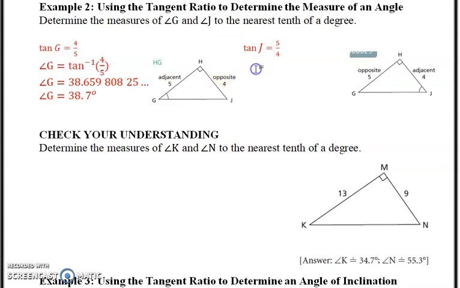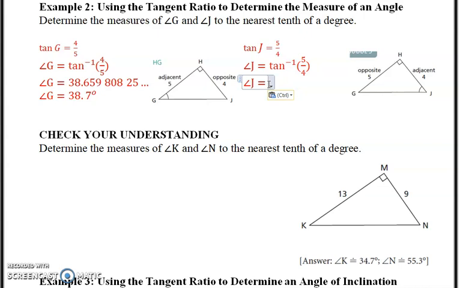Let's do this again, just to help us. So angle J is equal to, remember, the inverse tan of 5/4. And you're going to calculate that on your calculator. So you should get your calculator at this point. I'm going to do that now.